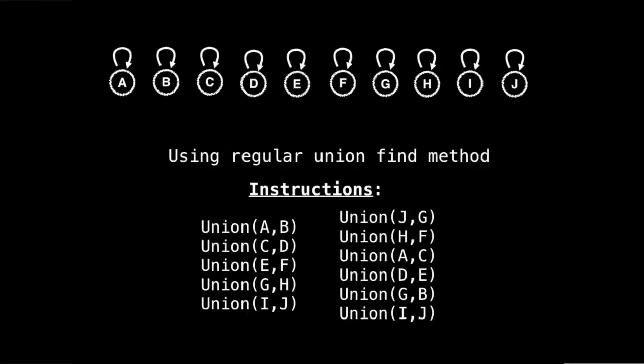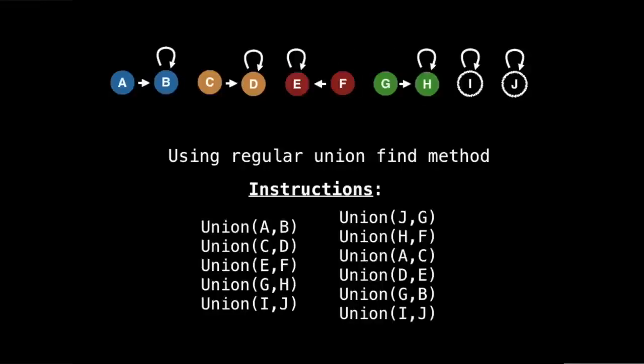And now let's have a look at another example, and this one I want to compare and contrast the regular union find operations we were doing in the last video to the path compression version we now know. So if I run all those union instructions, this is what would happen. So I'd start by getting all these pairs of components, and then now I'm executing the instructions on the right.